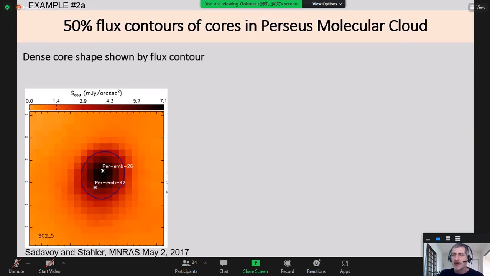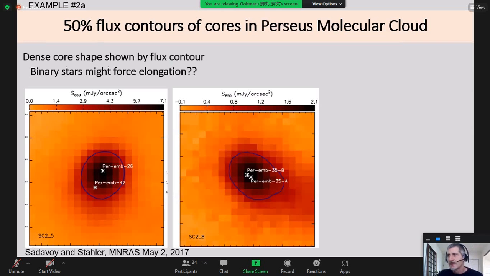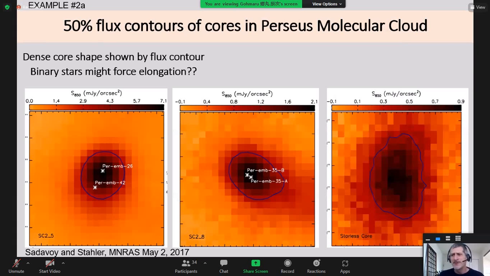About half of the binary systems we surveyed were associated with elongated cores. At first, we thought that the embedded binaries might affect the density distribution inside the core, thereby causing the elongation. However, we found that many starless cores were similarly elongated.